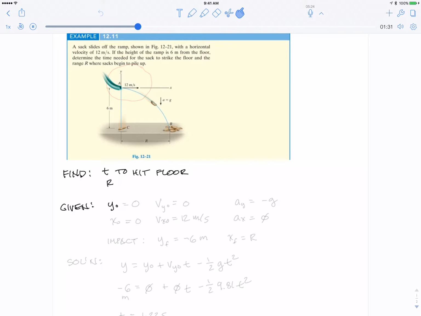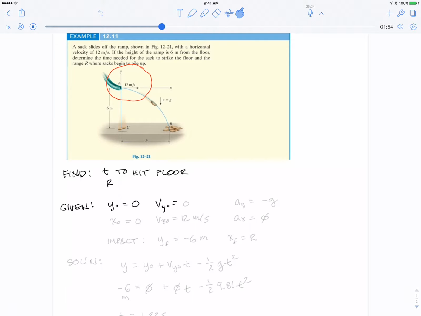Well, I was going to say it starts at 6 meters above the ground, but just to use what that person does, this person puts the origin at the chute tip. Okay? So y0 is 0.